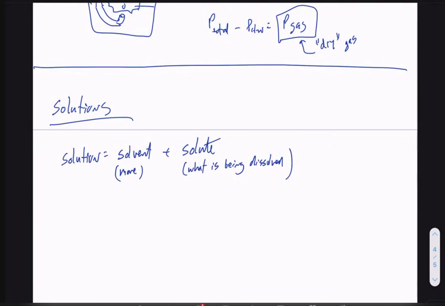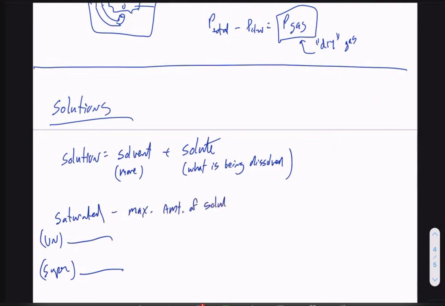So, we talked about terms like saturated, unsaturated, supersaturated. What those mean, right? Saturated means the maximum amount of solute is dissolved.